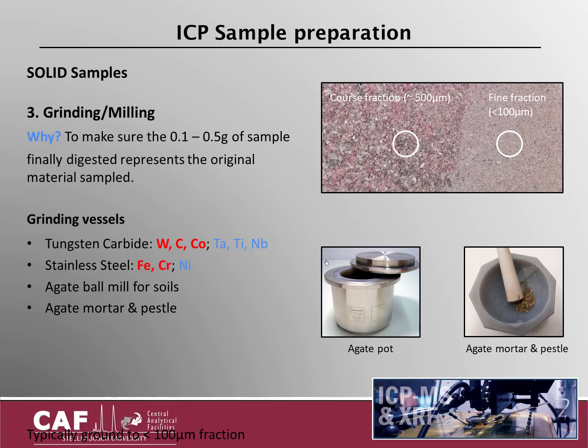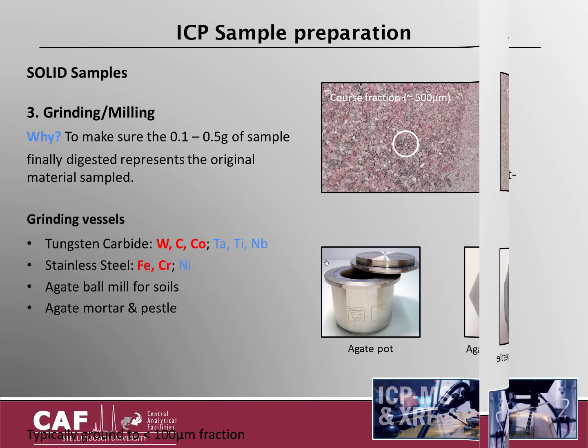If you use a stainless steel grinding mill, you could contaminate with iron, chromium and nickel. For soils, it's best to use agate ball mills, or an agate mortar and pestle for plant samples, anything that requires milling without contamination of trace elements.